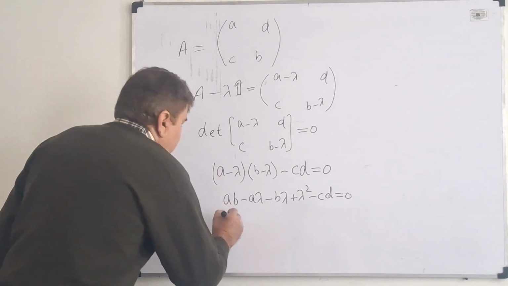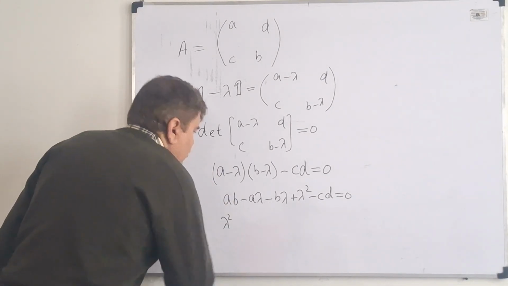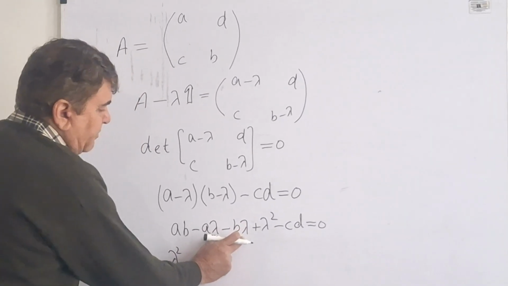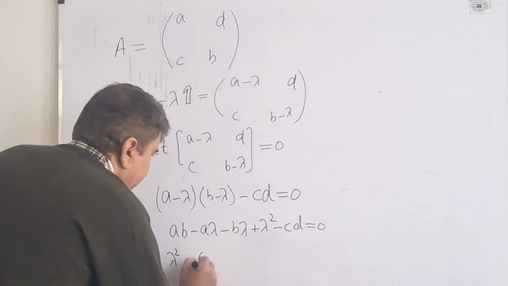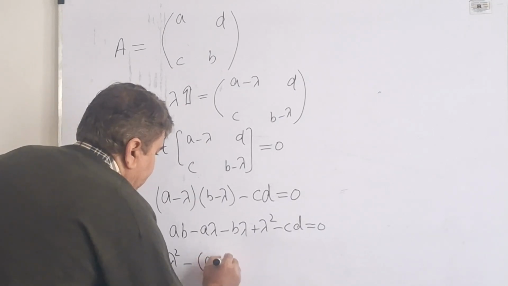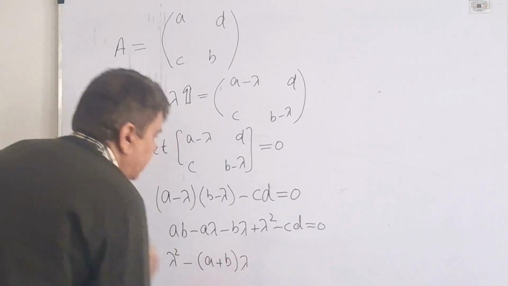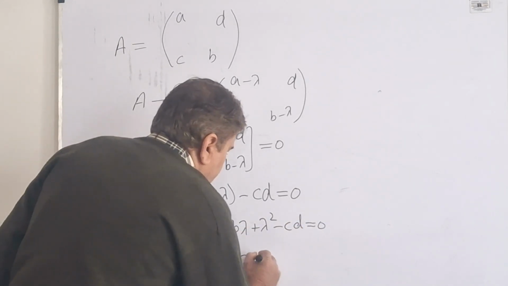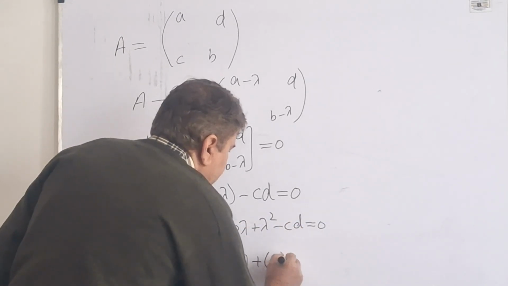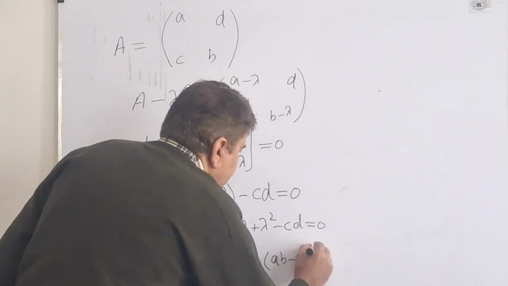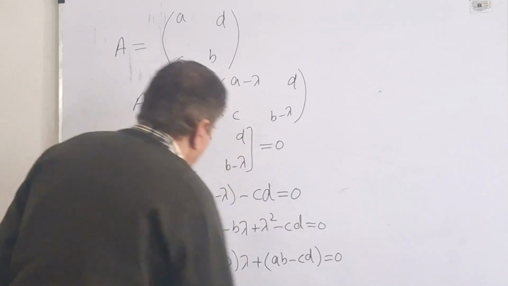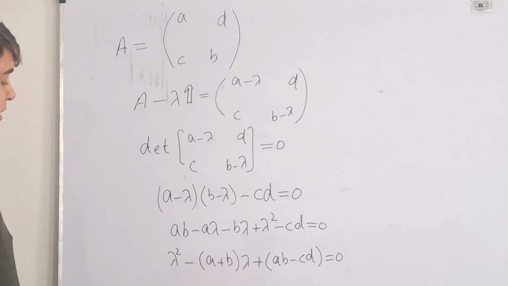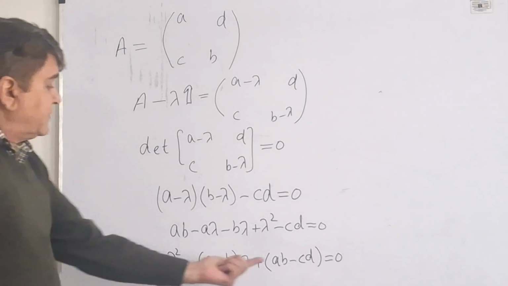Let me rearrange this equation in the form lambda squared minus, I can take minus common from these two terms and write them in the form A plus D times lambda, and I can write these two terms together as AD minus BC equals 0. Okay, now there are the coefficient of lambda and this constant term.